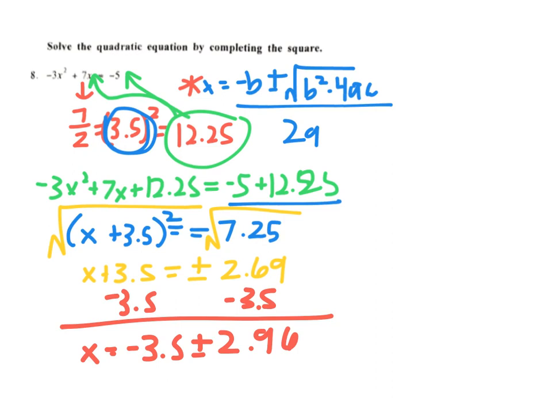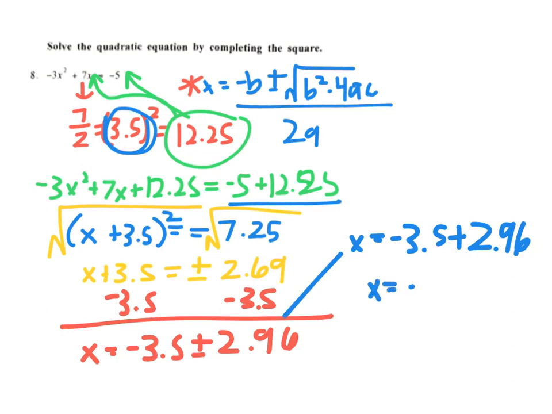I'm going to break this up into 2 parts. My first one is going to be x equals negative 3.5 plus 2.96. If I add those, negative 3.5 plus 2.96, I get negative 5.54. And then my second part, we're going to subtract.